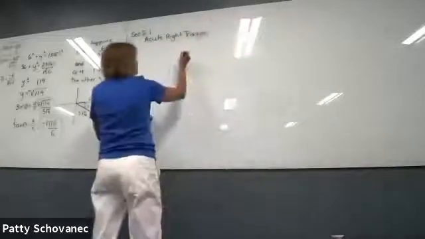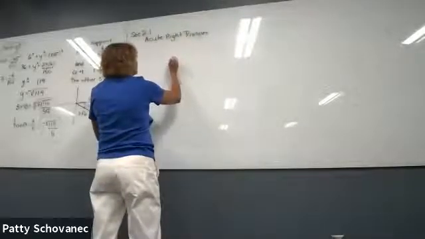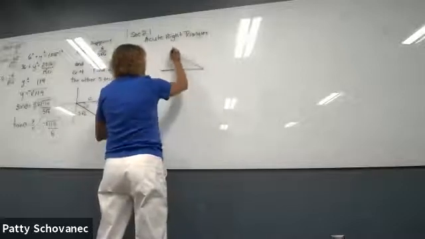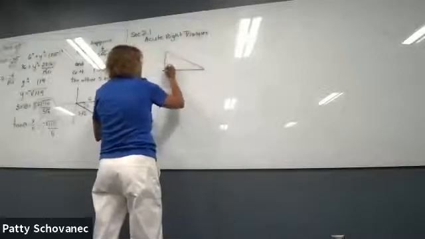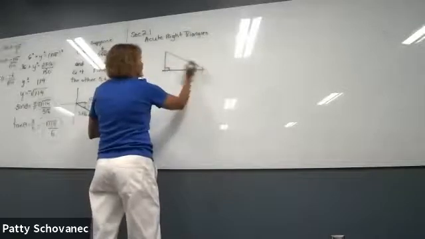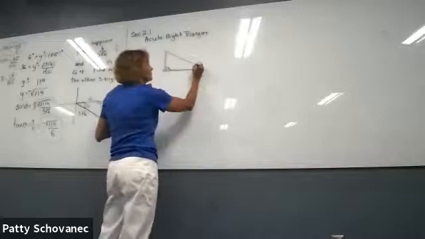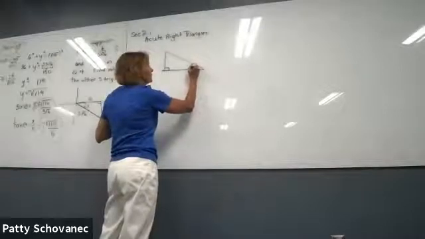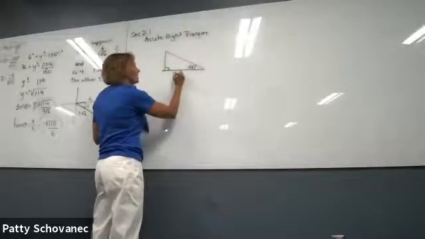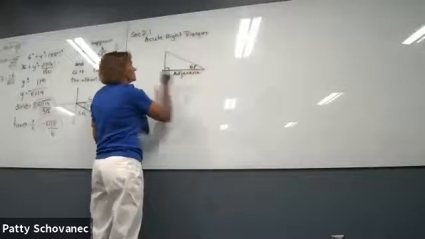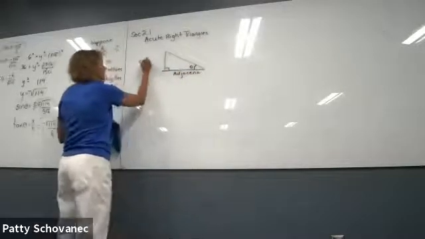So here's an example of an acute right triangle. I'm going to draw it this way just for the heck of it. This angle and that angle are both smaller than 90 degrees. So suppose I put my angle theta here, and this side is called the adjacent side. This side is called the opposite side.